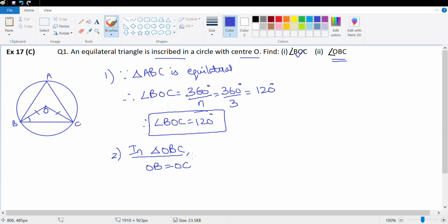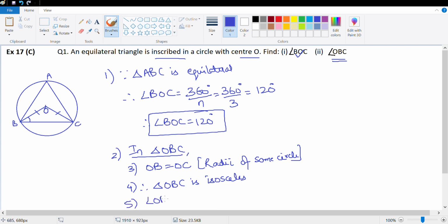Because these are radii of the same circle, which means triangle OBC is isosceles. And what I get is angle OBC is equal to angle OCB, which means these two angles are equal. Now let them be equal to x.